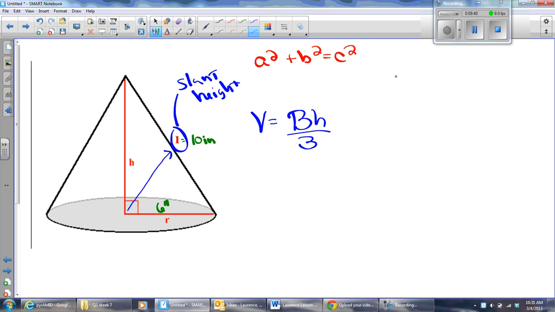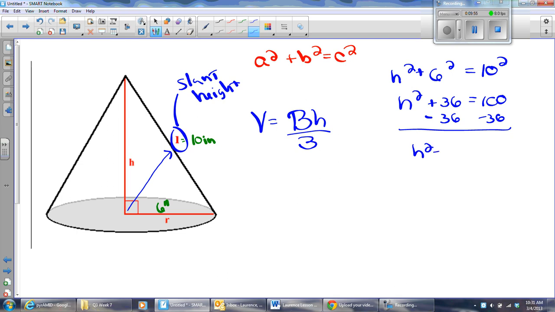And so I'm going to go h squared plus 6 squared equals 10 squared. H squared plus 36 will equal 100. Subtracting 36 from each side, I'll get h squared equals 64. Take the square root of each side and I'll get 8. So h is 8.